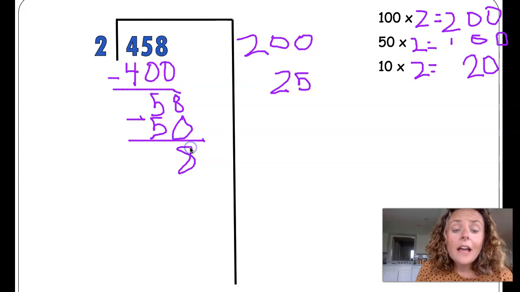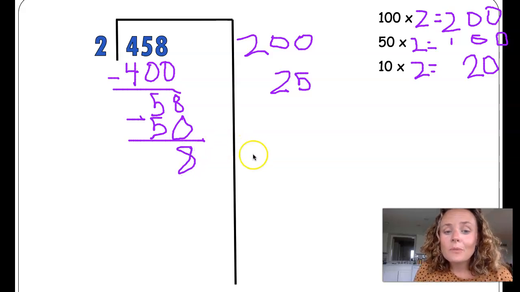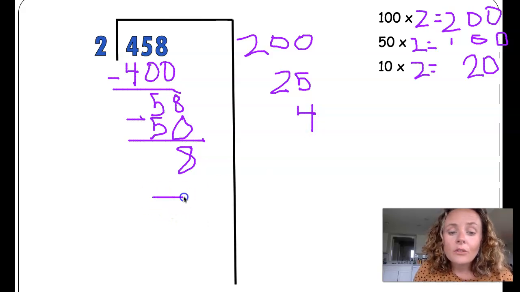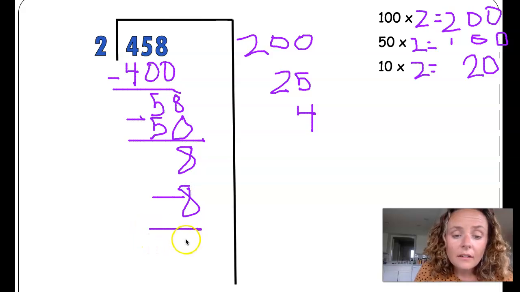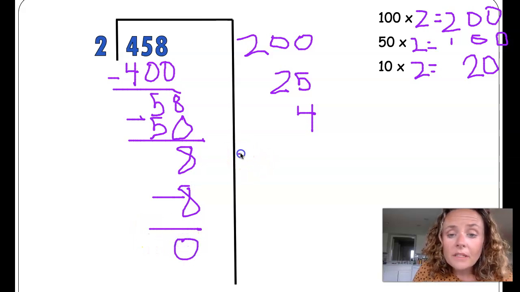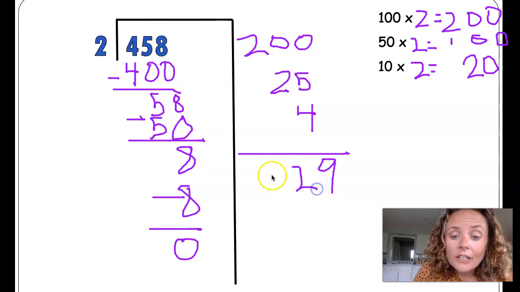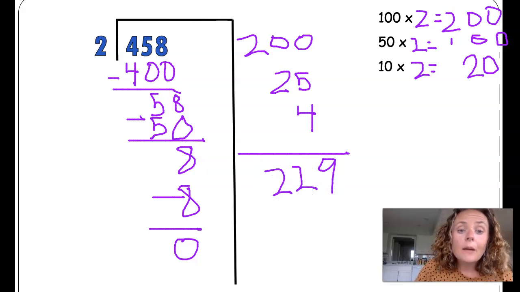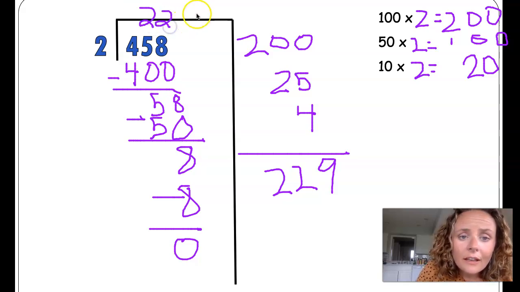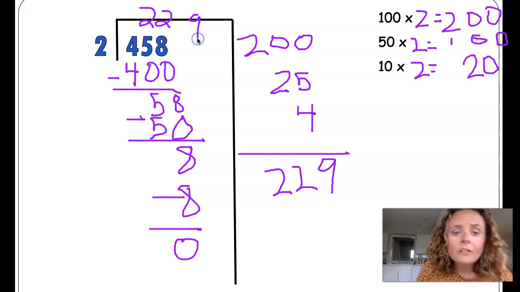We're left with 8 puppies to give out. 2 times what is 8? You've got it, 4. We have no remainder of puppies, thank goodness. Puppy remainders would be very sad. We need to add up all the puppies we each get. Oh my goodness. We're each going to get 229 puppies. That is our quotient. It is a very good day. Why can't this be real?